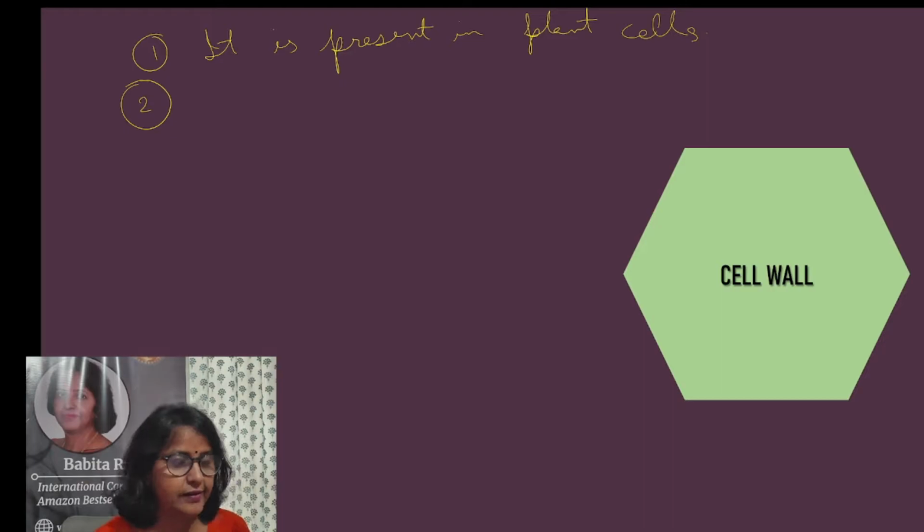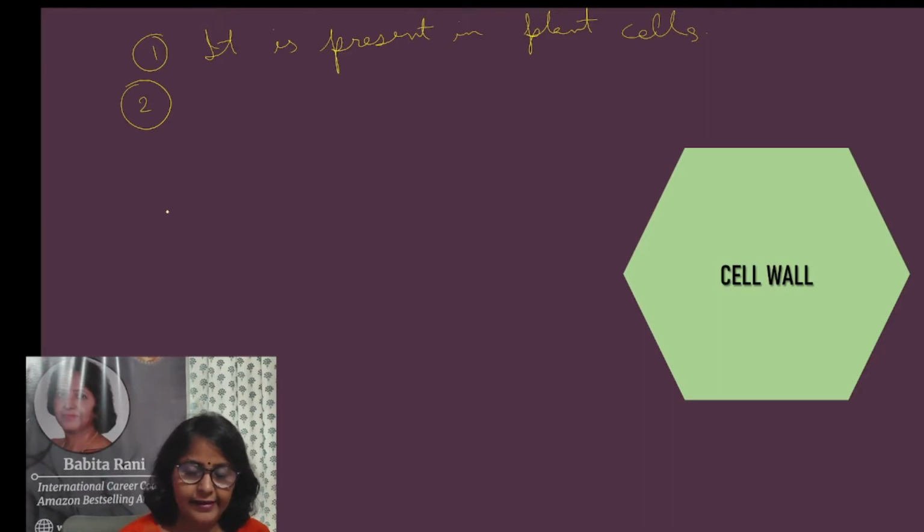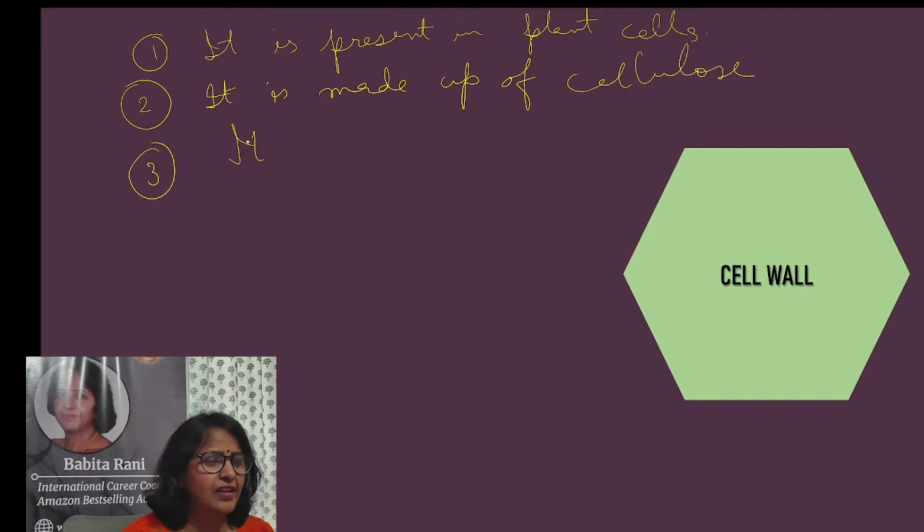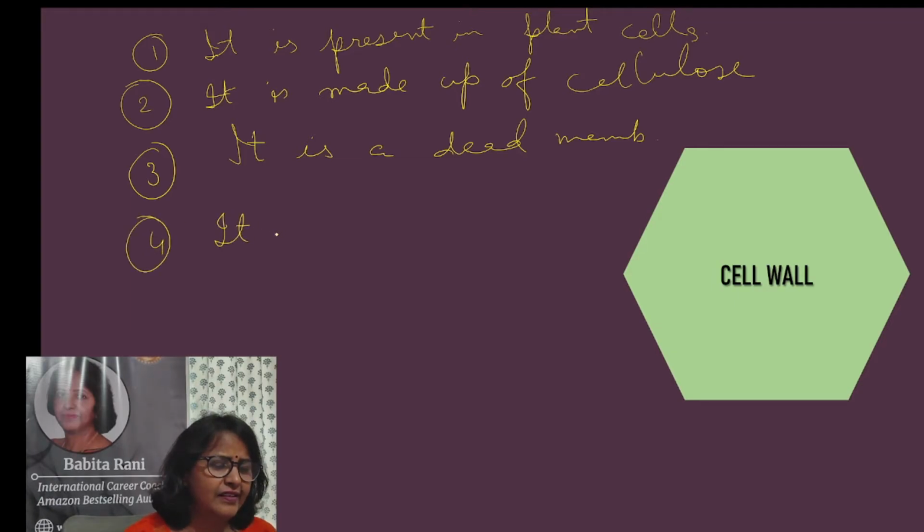We will discuss this in a while. Second, it is made up of cellulose. Third point is, it is a dead membrane. It is made up of dead cells and it is permeable.